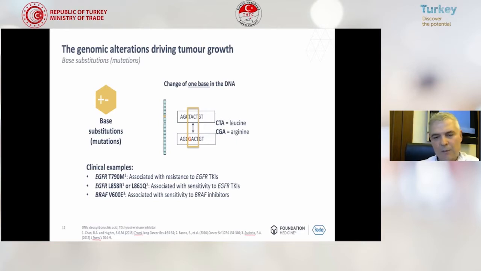So this is another type of lung tumor that we can target with a specific drug, which is now in the market. Or another one is BRAF mutation, which is also a very specific mutation that can be detected with next generation sequencing methods.